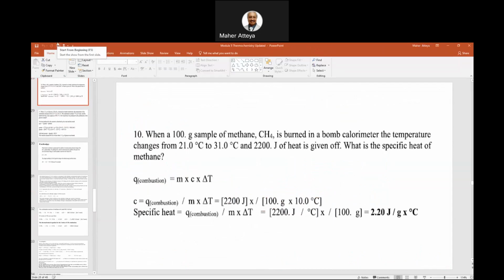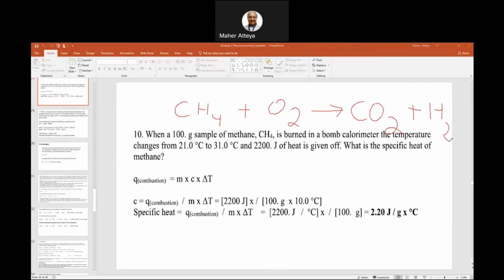Here we have another combustion reaction, with 100 grams of the sample. Methane, natural gas, guys. You can balance it yourself: methane plus oxygen, a combustion reaction, gives CO2 plus H2O.